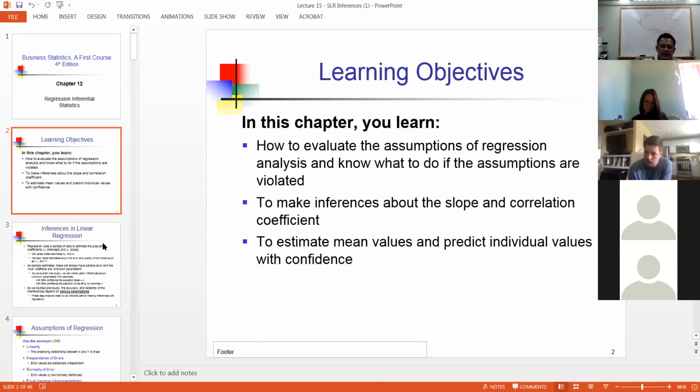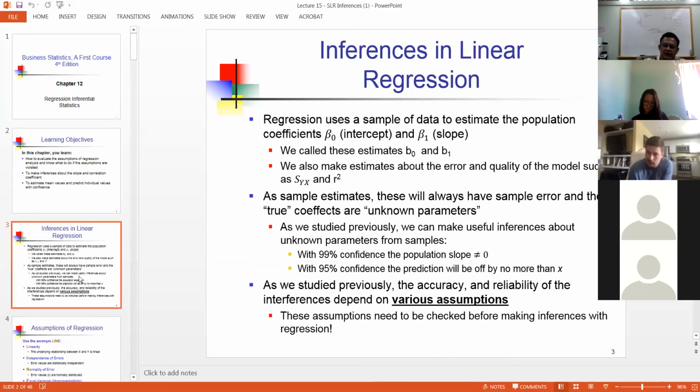We're going to go a little bit deeper into them, and at what we do if they're violated, right? When we're looking at regression, we're looking at betas, slopes, and intercepts. From those slopes, we can actually forecast what's going to take place in the future.